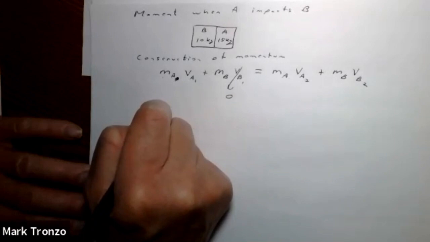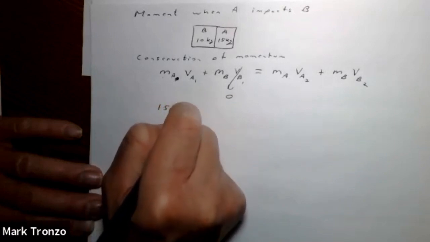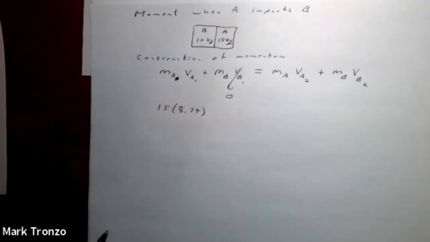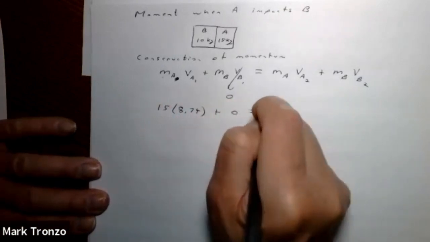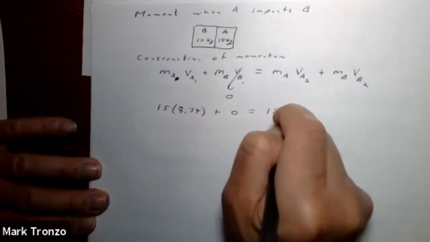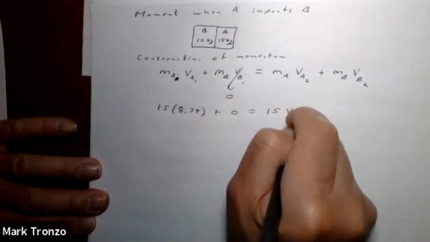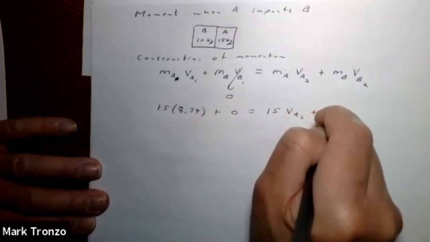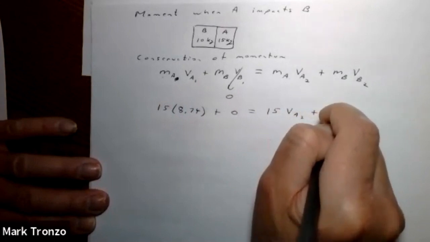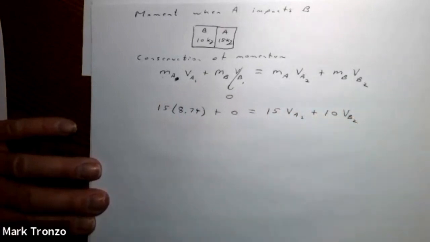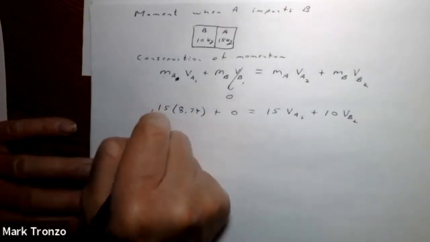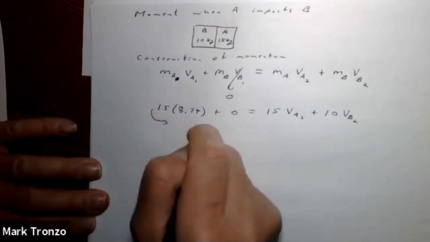So we have 15 times 8.74, which we just found from the last page, plus 0, and then just put the mass of A, the mass of B, and then we can rearrange this.